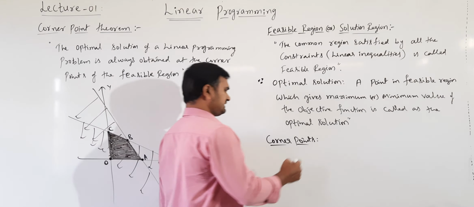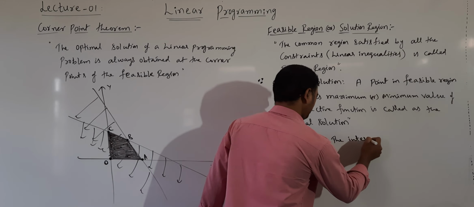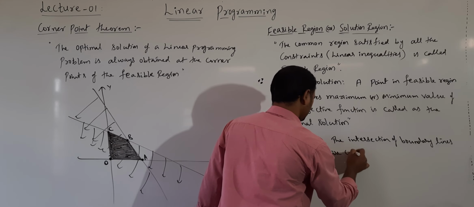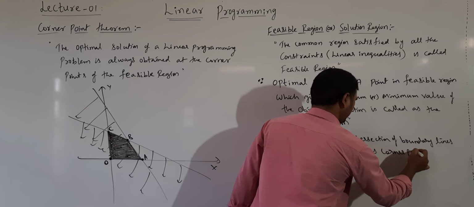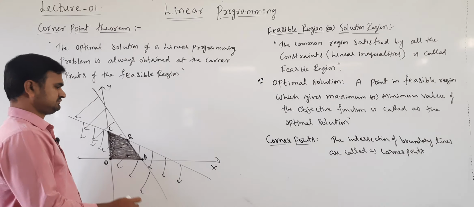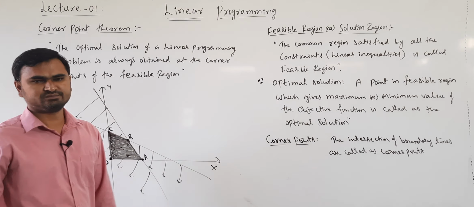The intersection of boundary lines are called corner points. A definition for corner point may be asked. So these are the corner points in this feasible region.